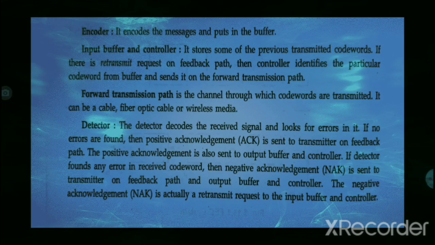If detector finds any error in the received code word, the negative acknowledgement NAK is sent to transmitter on feedback path and output buffer and controller. The negative acknowledgement is actually a retransmit request to the input buffer and controller.